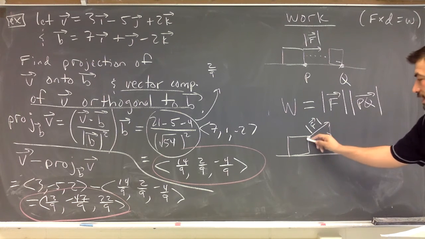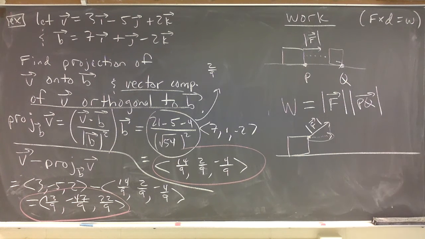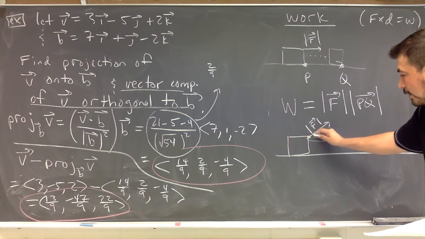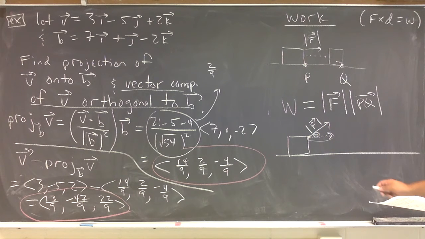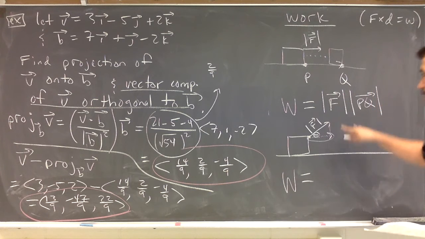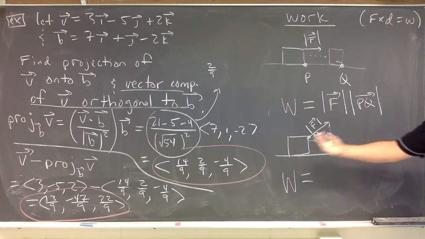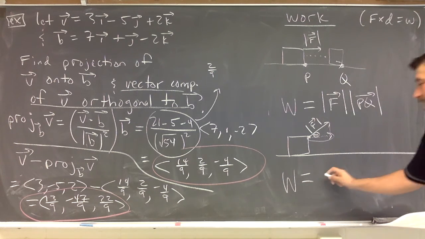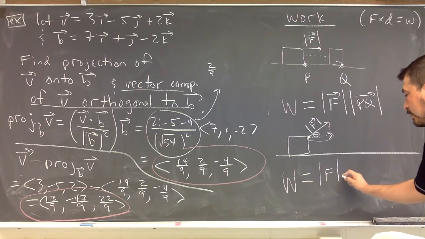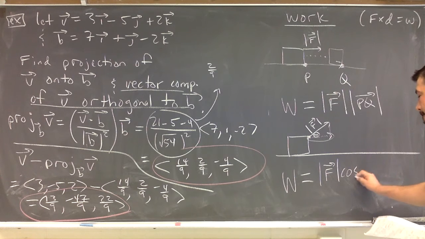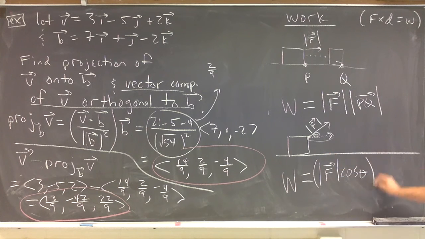And really what we're interested in is the force in the direction of motion, right? Which is actually going to be the bottom part of this triangle. If we call this angle theta, okay, then we know, rather than F, the only thing that's going to affect the work being done is this portion here that's parallel to the ground. That's going to be the magnitude of F times the cosine of theta times the distance, which was the magnitude of vector from P to Q.